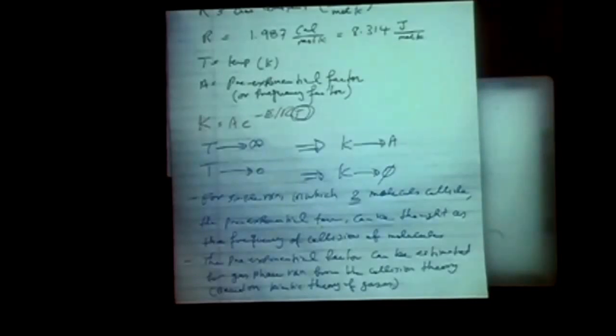And obviously the higher this number is, it means there is more probability of having the molecules hit each other at the right angle and right positions, and so you have more chance to get more product. The pre-exponential factor can be estimated for gas phase reactions from the collision theory.